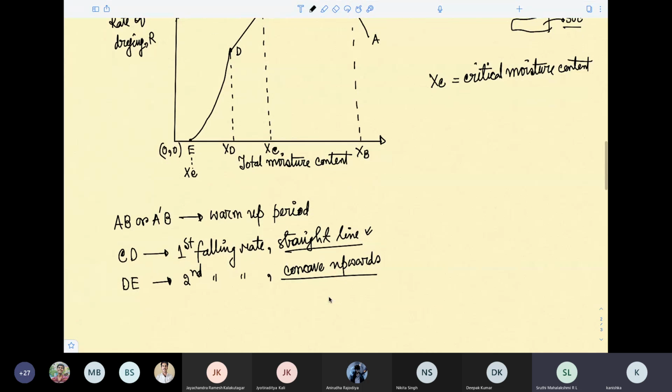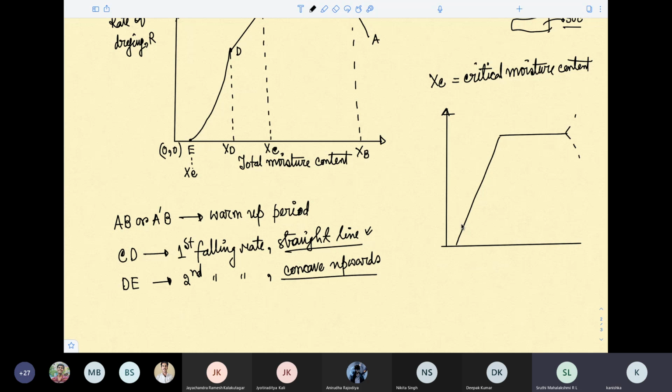Now, as I said, it could be this also. So here you have R, you have X. A prime, B, C. Then it will be E. There is no D in between.